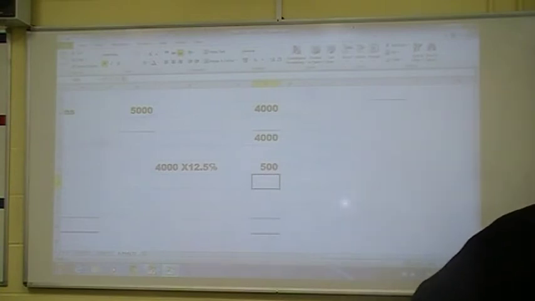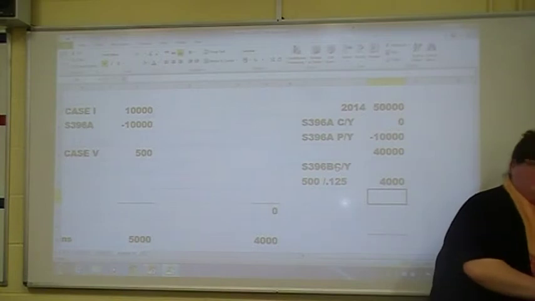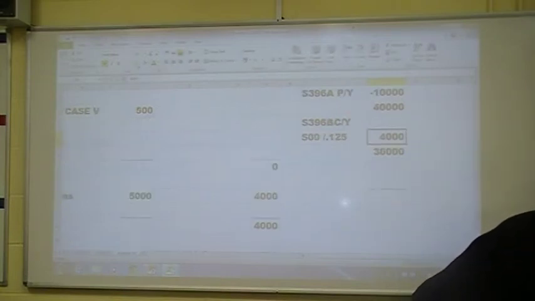Okay, so we will need to do a section 396B current year. So it'll be 500 divided by 0.125, which goes back up to the 4,000, isn't it? So that's 36,000, which is left.